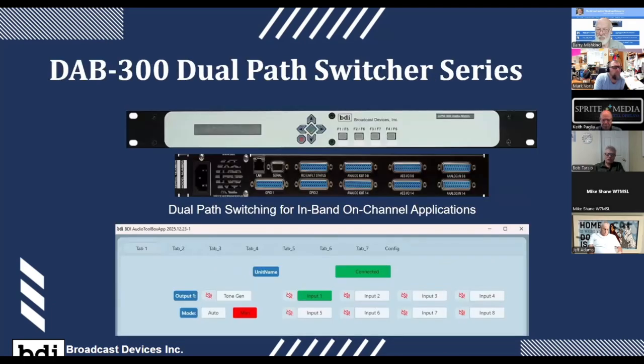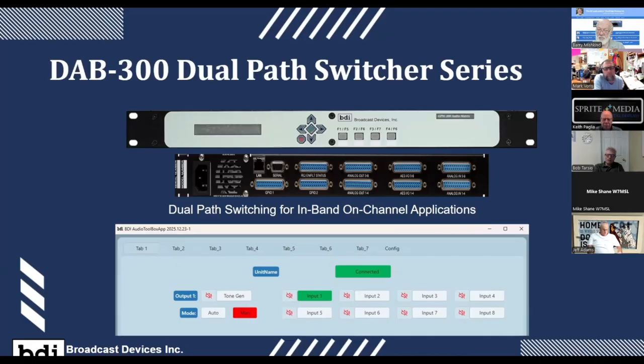And then last but not least on our list of audio toolbox products is the DAB 300, and as its model designation kind of indicates, digital audio broadcast dual path switcher. And let me tell you a quick story about this product. We developed this product probably about 15 years ago or so, and it was Doug Irwin, when he was working with iHeart in New York at the time, who asked us to put this together.